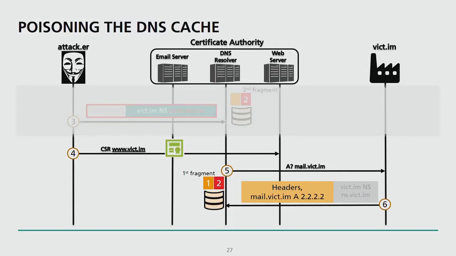The name server of the victim domain will answer, fragmented because we have requested it to, and this name server exhibits the default behavior which we see in many name servers: it answers the question for the IP address, but along with that, it gives updated values for the name server of the domain, which is what we are also exploiting here.